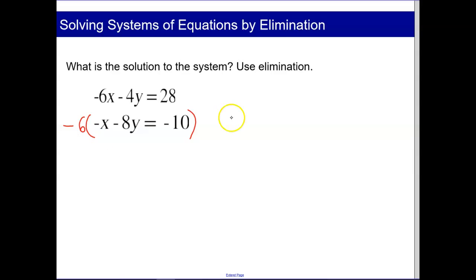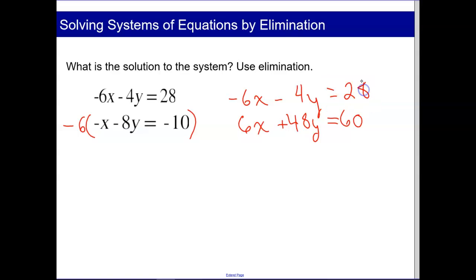Well, if I do that, I get negative 6 times negative x, that's 6x. Negative 6 times negative 8y, that's positive 48y. And negative 6 times negative 10 is equal to 60. What did multiplying by negative 6 do? Well, when I rewrite my system, now I can see that I can eliminate a variable.